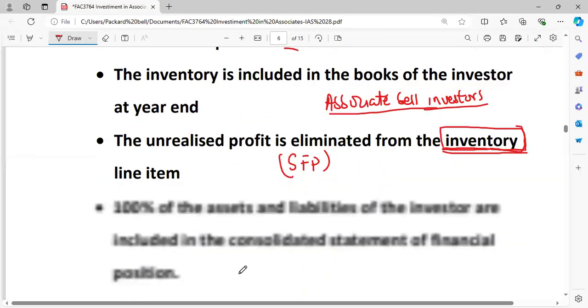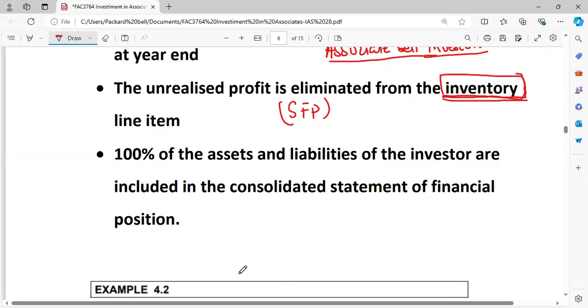Let's check if there is anything there. This is always assets and liabilities of the investor. All the assets and liabilities of the investor are included in the consolidated statement of financial position. Remember we say, you take all the assets and liabilities of the investor.